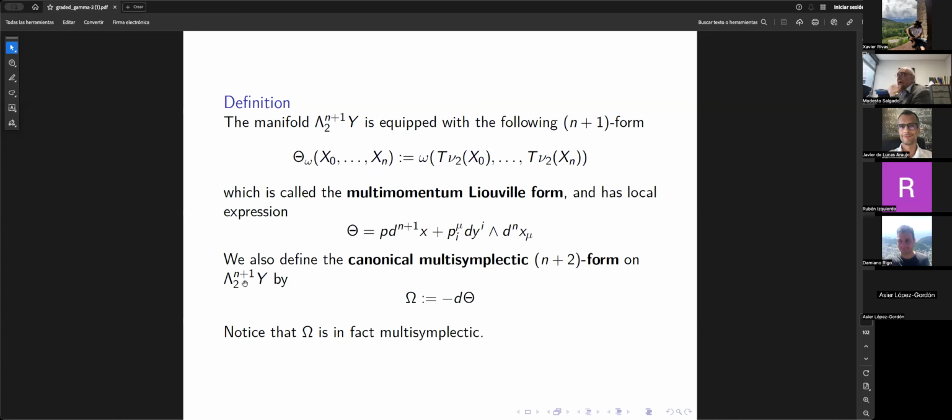In this bundle, the definition is the same for any bundle of forms. You can do the same definition even if we skip these, so we take the total n+1 forms, and all these forms are the restriction of the canonical form defined on lambda n+1.